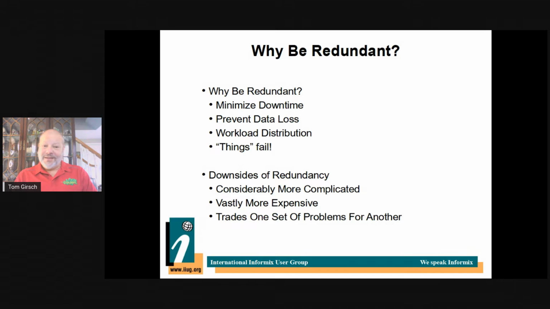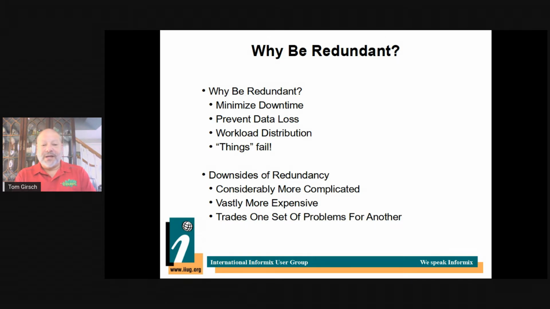Of course, it doesn't come without costs. Some of the downsides of redundancy are that when you create a redundant environment, it's considerably more complicated. You might argue it gets exponentially more complicated with every node or set of nodes that you add. And it's vastly more expensive than just running a single node.